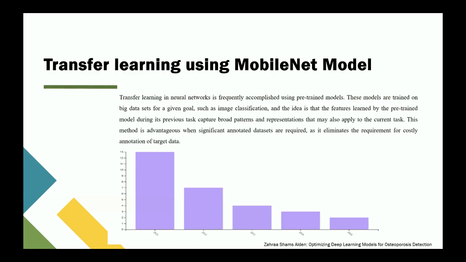From that, we can incorporate our new data sets into this new deep learning model, which involves using MobileNet and a CNN model. We can see here that the number of research works using transfer learning doubled from 2018 to 2023.